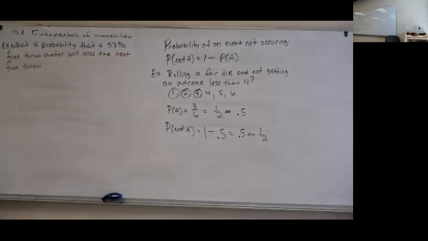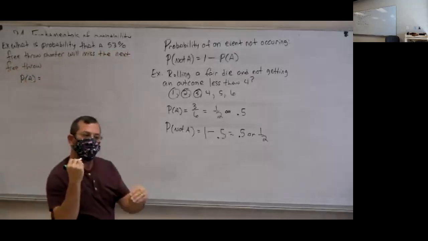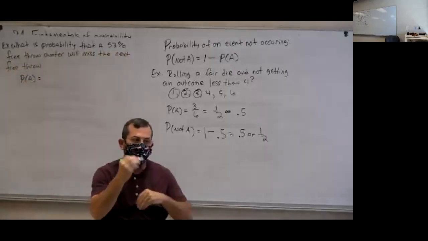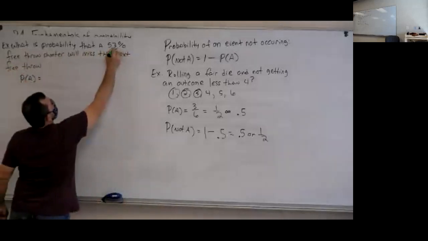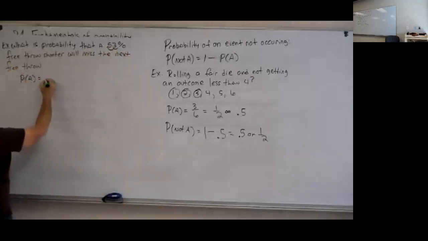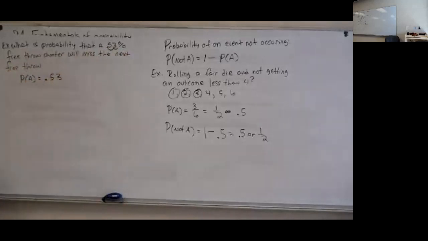So we know that the probability of them making the free throw was 53%. When you use percents in a formula, you have to get rid of the percent and change it to a decimal. So 53% would be 0.53, okay?